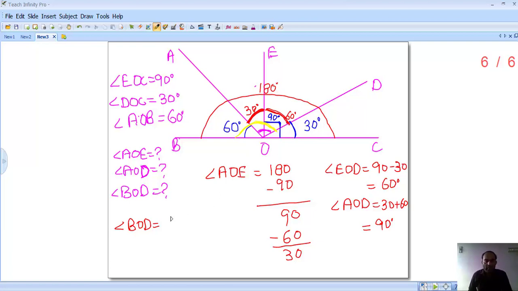Angle BOD is a combination of 60, that is angle AOB, then angle AOE, that is 30 degree, and angle EOD, that is again 60 degree. Now add: 0, 0, 0; 6 plus 3, 9; 9 plus 6, 15. 150 degree. Now you got all the angles.